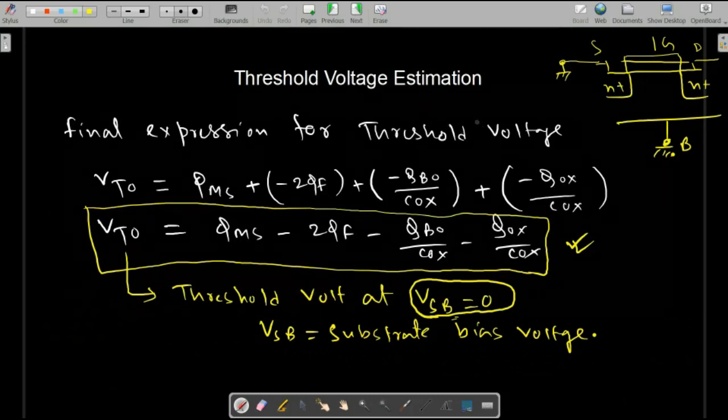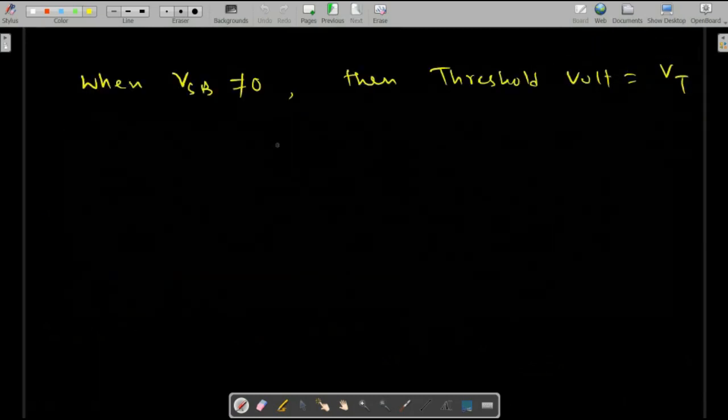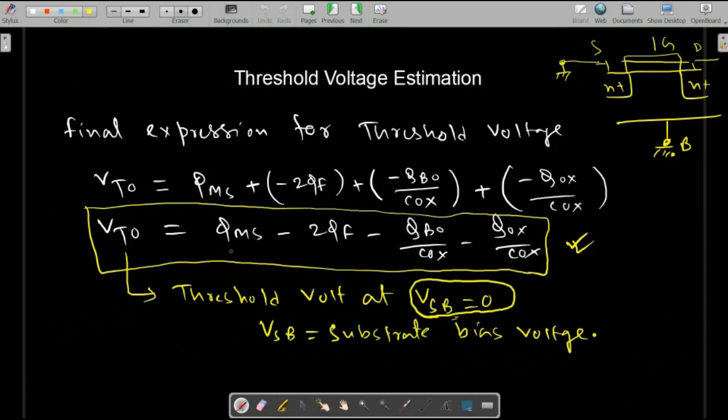Fine. So what will be the change? The change will be, see, phi ms, it is a material property. The work function difference between the metal and semiconductor, it will not be affected by applying a body voltage. Or if VSB is not 0, it will not affect this parameter. The changes are here actually, QB0.